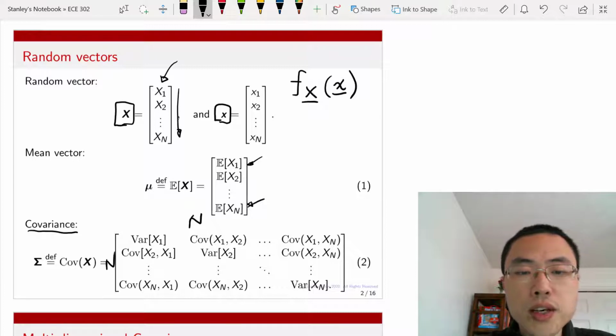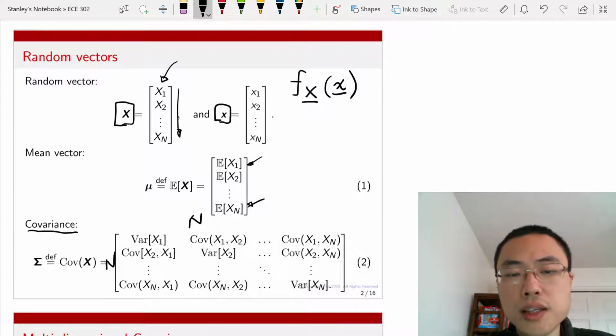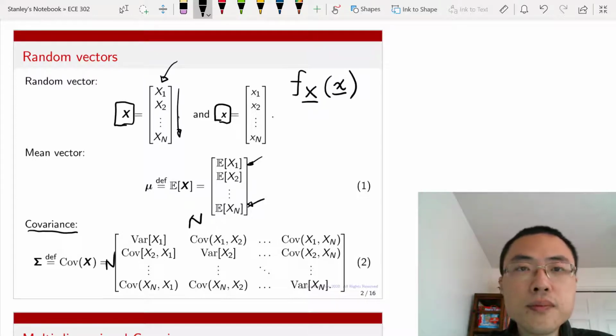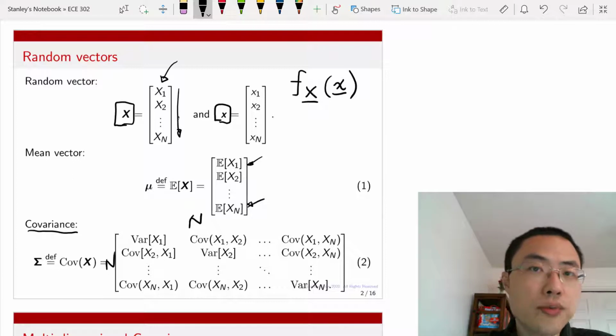And the covariance of the other pairs of random variables can be 0 or non-zero, depending on how much correlation you have. In the particular case where x1 and x2, or xi and xj in general, are independent, then you can show that all these covariance terms will go to 0. In that case, you will only have this diagonal matrix. So this is the notion of random vectors.